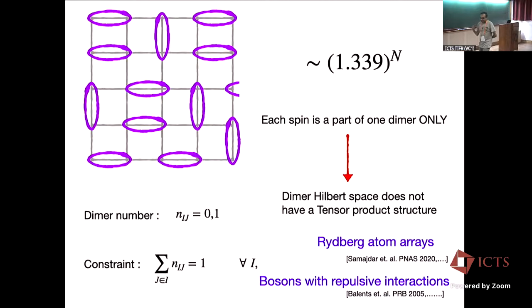So this is basically the tensor product Hilbert space structure breaking down. In other words, the dimer Hilbert space does not have a tensor product structure. So the counting of the dimer covering goes in this way, whereas the spin Hilbert space has a tensor product structure. It's just 2 to the power n. While I mentioned this in the context of spin halves, these can be realized in various kinds of other situations, as we heard in the talk just before coffee in the morning.